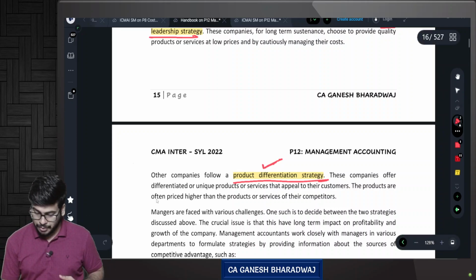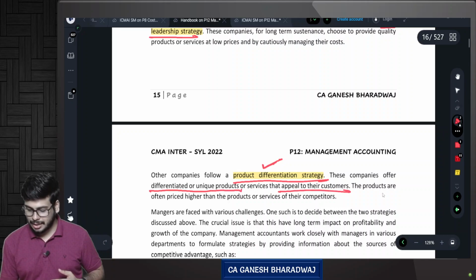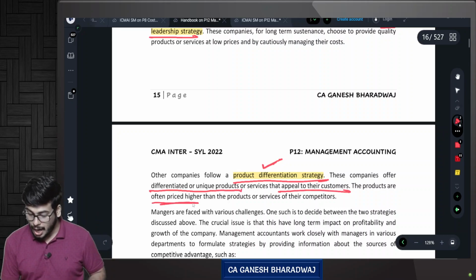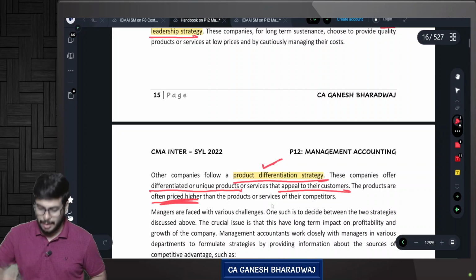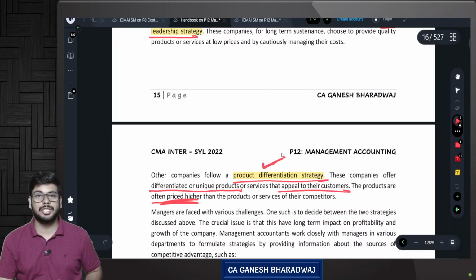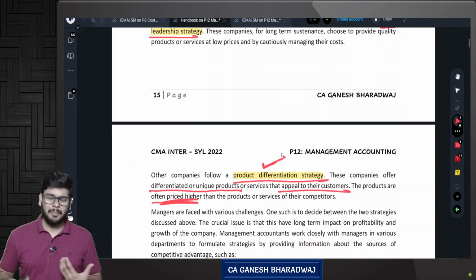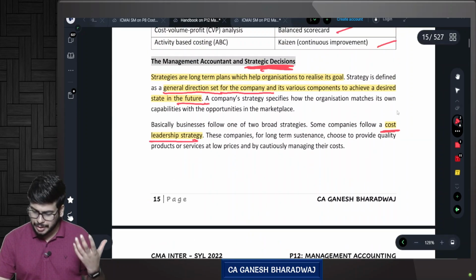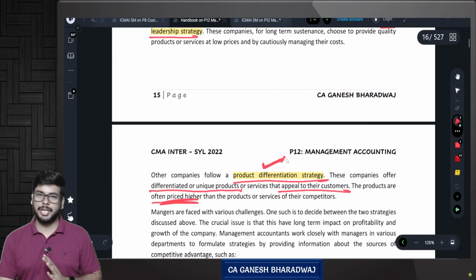These companies offer differentiated or unique products that appeal to their customers. The products are often priced higher than the products or services of the competitors. If the product is high priced, why will people buy? That's where you make a product differentiation. Now you see, Apple is very successful. So for a company to be successful, they can go with a cost leadership strategy or a product differentiation strategy.